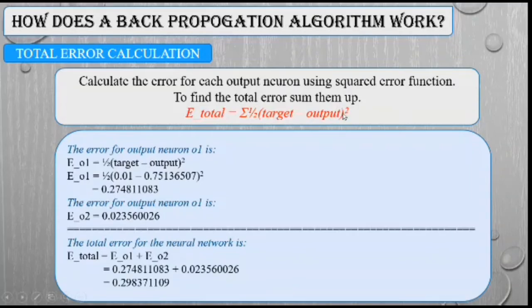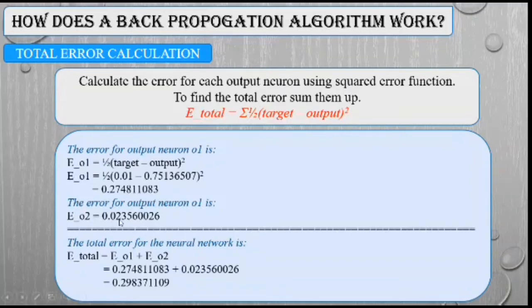So here, this is the initial value, that is 0.01, and this is the value what we got, that is 0.7513, and after squaring it up we got the value as 0.2741 for the first output neuron. Similarly, we need to find out the error in prediction for O2 also. So the error in prediction for O2 comes out to be 0.023.